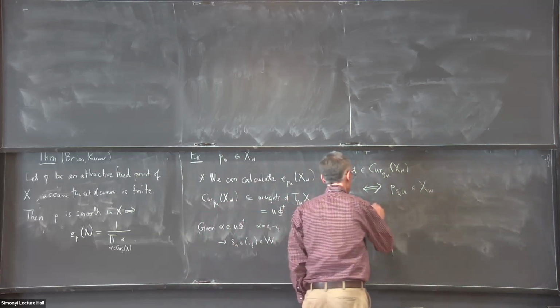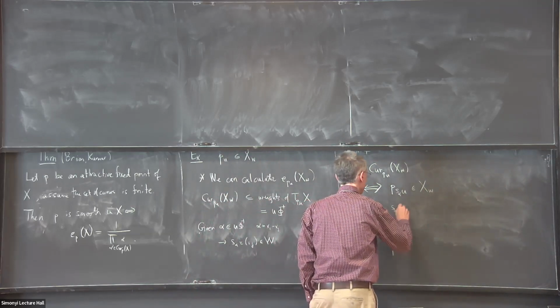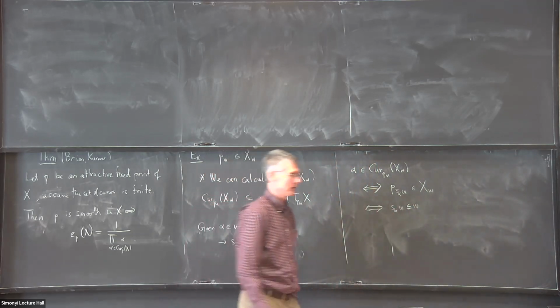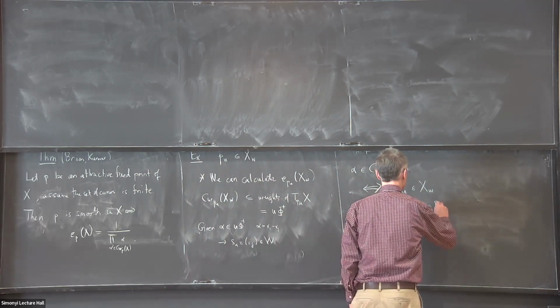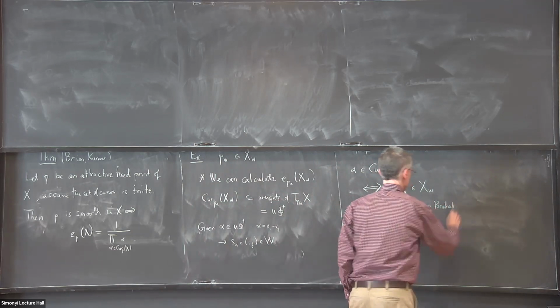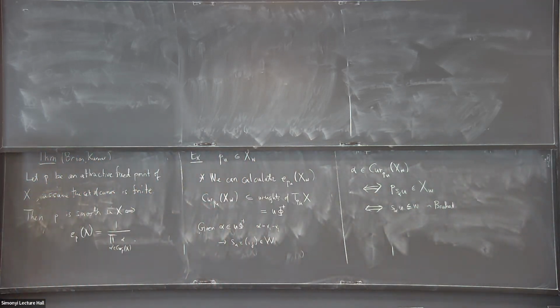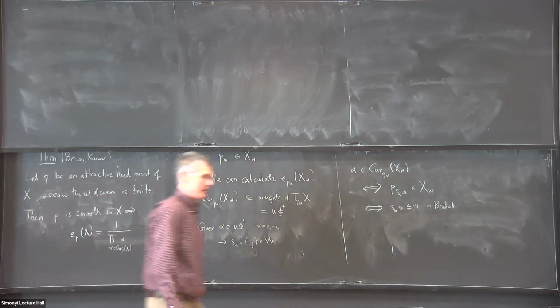And that's equivalent to s_alpha U being less than or equal to W in the Bruhat order, which can be calculated combinatorially. So this is a condition for the set of weights for the smoothness of Schubert varieties based on these equivariant multiplicities. So now we've gotten enough power so you can actually tell whether any point in a Schubert variety is a smooth point or not a smooth point. Okay.